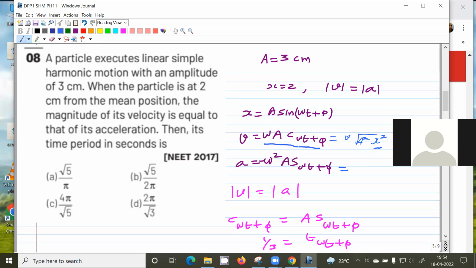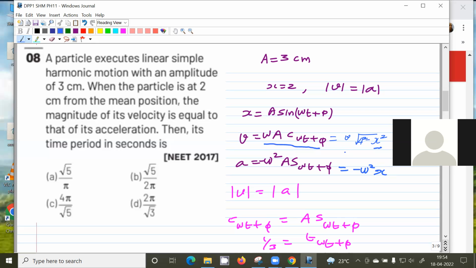Similarly, acceleration also, you'll get, right? A cos omega t is square root of 1 minus sine square omega t, so a square minus x square, and acceleration is minus omega square x. Right?